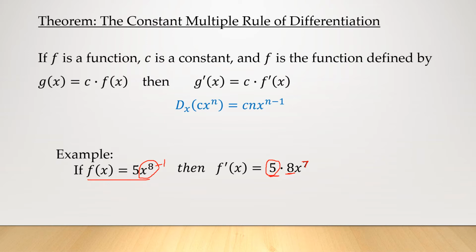Since we have two numerical coefficients here, we multiply them. 5 times 8 is 40. So the answer is 40x raised to the 7th power.